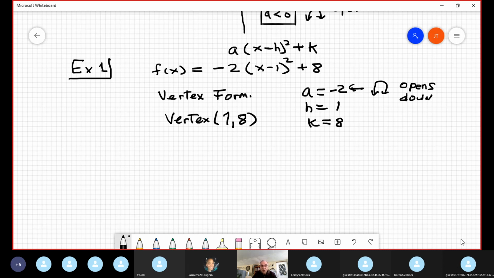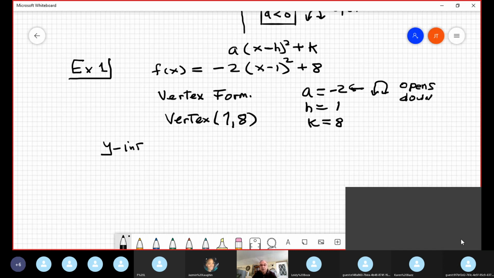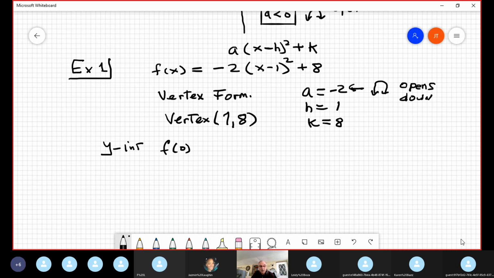Okay. One more thing we need. This is an important point, the y-intercept. So what is the formula to find the y-intercept point? In function notation, you evaluate at 0. When you evaluate at 0, the value that you get is the y-intercept.